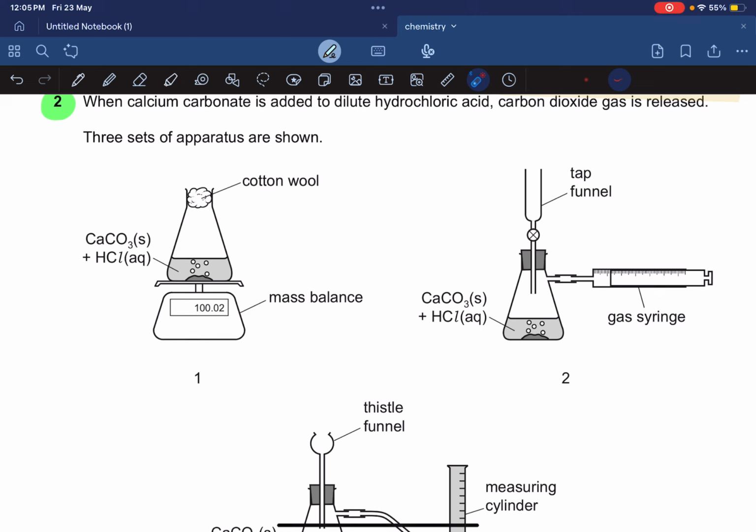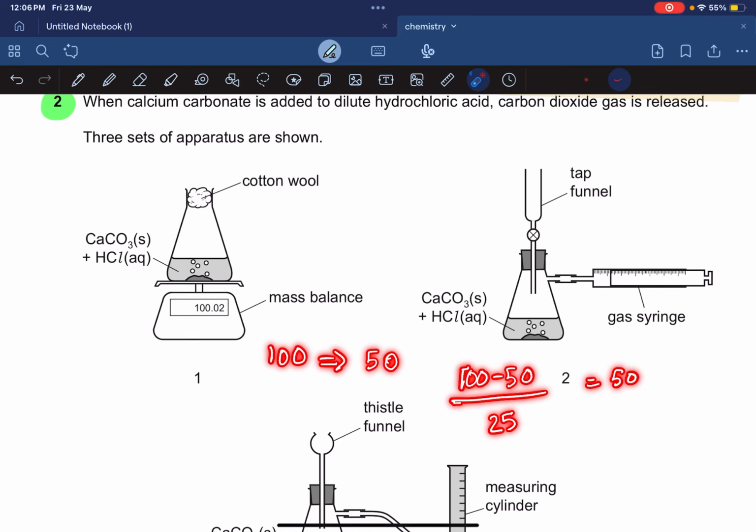That's a good idea. If initially your mass was 100 and now it has decreased to 50, that's a very idealistic situation. So the rate is going to be the change in mass, that's 100 minus 50, upon the time taken. For example, it took 25 seconds, so it's going to be equal to 50 upon 25.